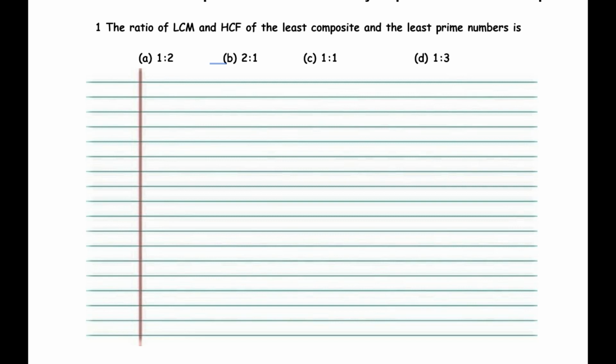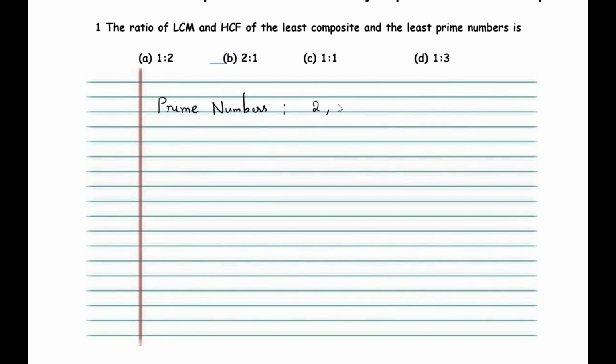Students, we should understand what we mean by composite number and prime number. Prime numbers are numbers which are divisible by 1 and the number itself.